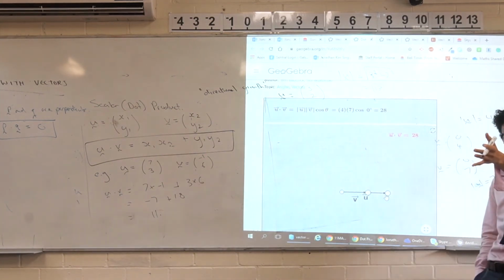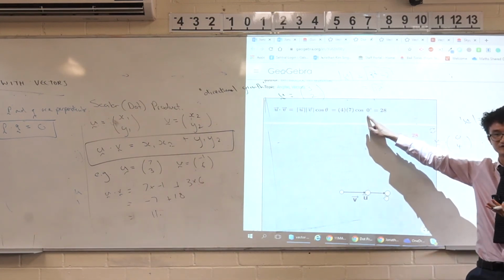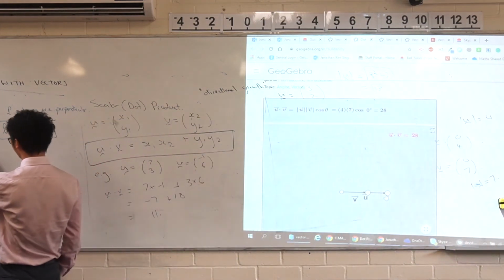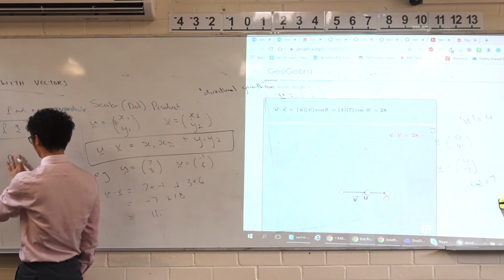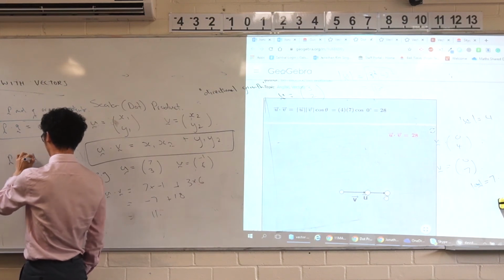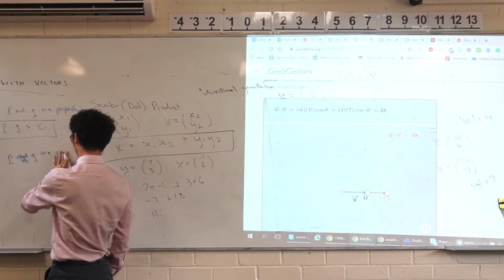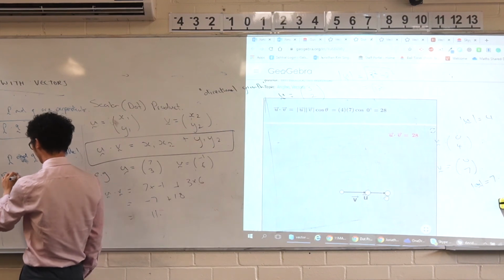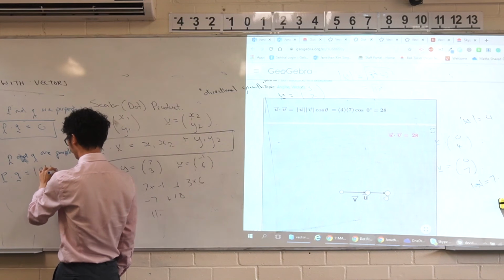And again, going back to what Joel said, thinking about why that is, well, what's cos 0 going to be? Cos 0 is just 1, right? So the next thing that we can take away is that if P and Q are parallel, then the dot product is just going to be equal to the two magnitudes multiplied together.